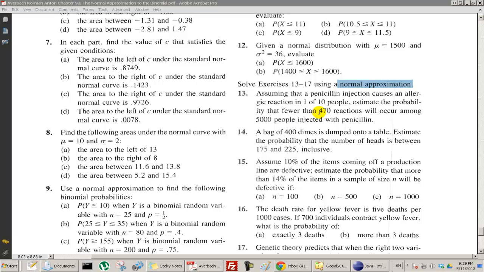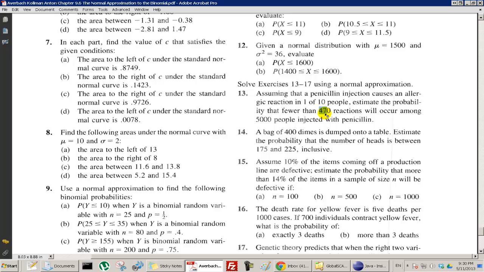You take 470 plus a half minus mu, over sigma. And we've said that we could calculate those. So we do that, and then you want to find the probability that you get less than that number under the standard normal curve. So you've converted this to a standard z, and then you figure out the probability for that standard z using the normal table.